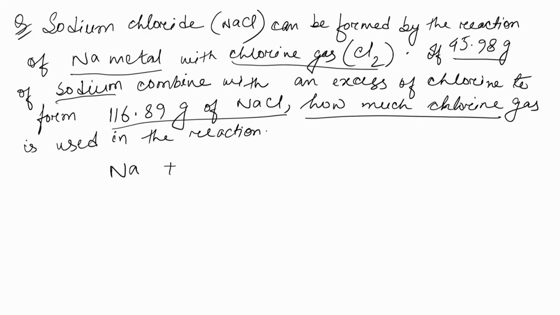Sodium plus chlorine gives sodium chloride. We will have to balance the reaction. If there are two chlorines, then we put 2 here, so we need 2 sodium. So, this is the reaction for the formation of sodium chloride from sodium and chlorine gas.